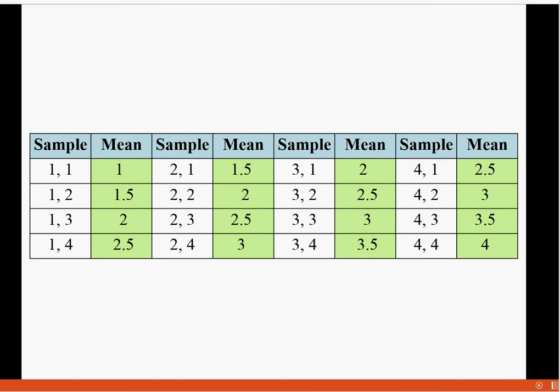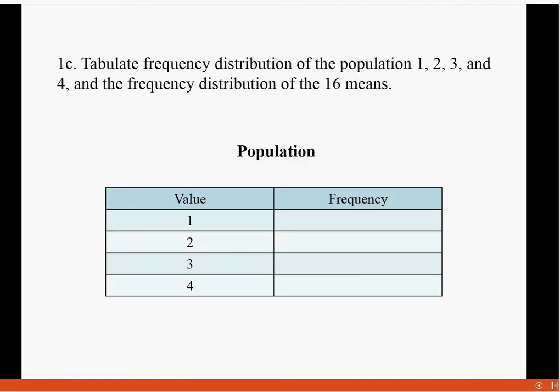We don't have to show every single number. Now after you obtain all the sample means of size 2, we'll move on to 1c. Tabulate the frequency distribution of the population 1, 2, 3, 4, and also tabulate the frequency distribution of the 16 sample means we have just calculated.